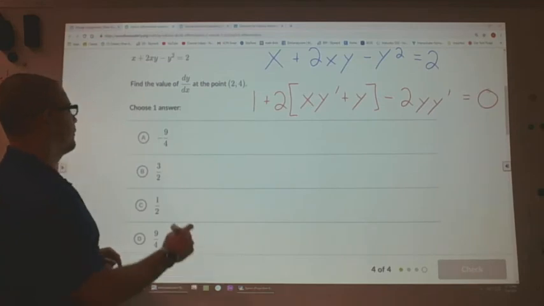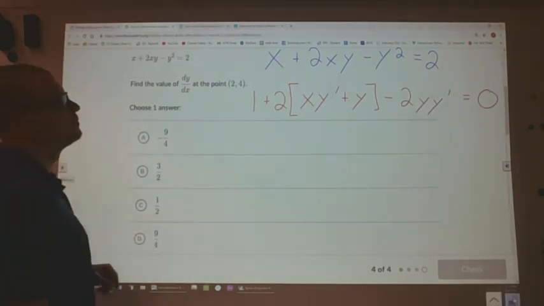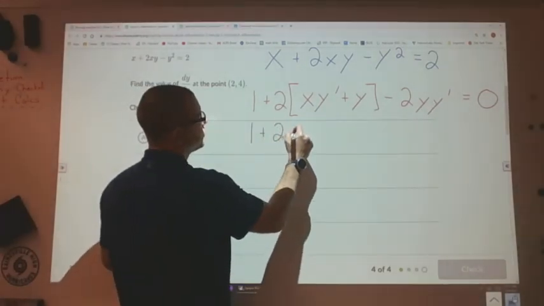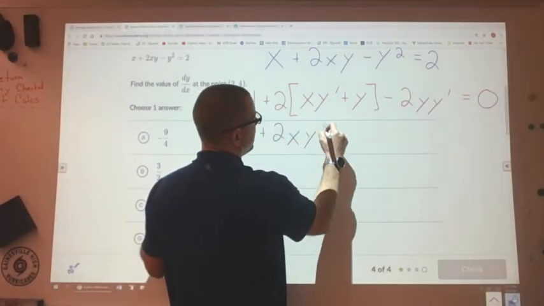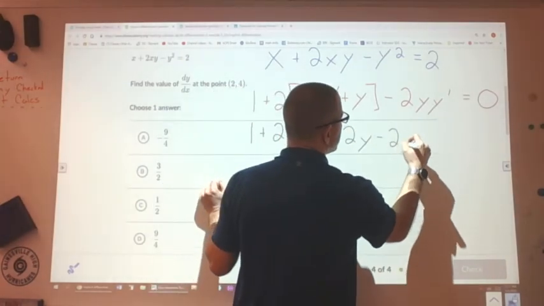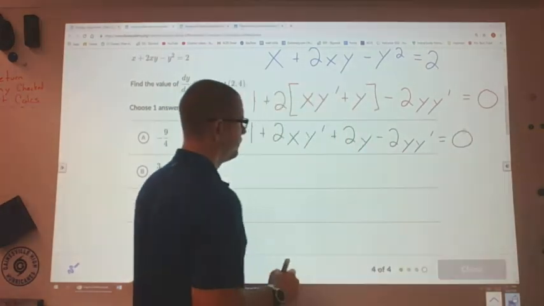Now, solving for y prime, in this case we'd have 1 plus 2x y prime plus 2y minus 2y y prime equals 0.